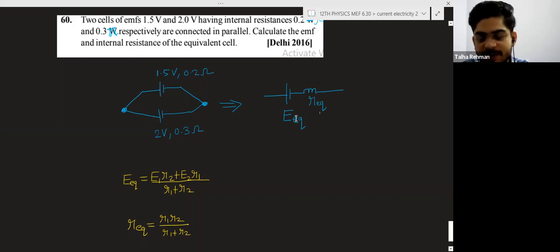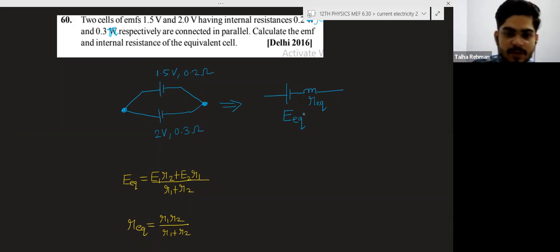So this is the equivalent circuit, and this is E equivalent and this is R equivalent. So we have to find this E equivalent and this R equivalent. You can find it very easily.